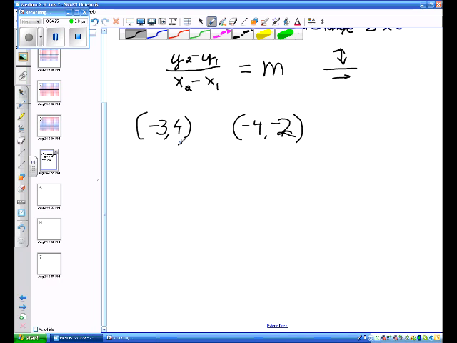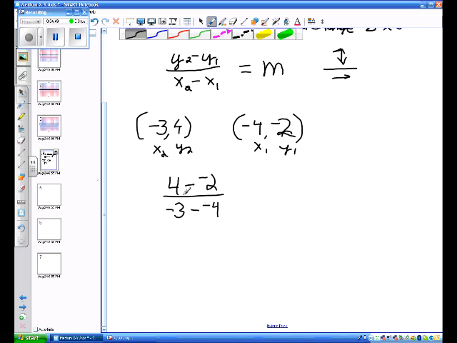So I'm going to call this one the y sub 2, so this is my x sub 2, and this would be x sub 1, y sub 1. So we're going to have 4 minus a negative 2, divided by negative 3 minus a negative 4.